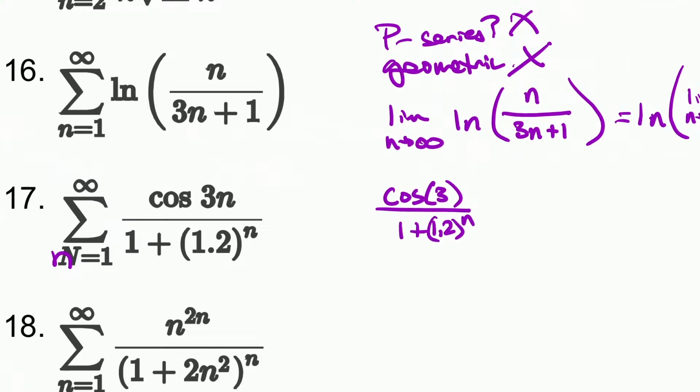And then you're going to add to this the cosine of 6. Yeah, this is terrible. I guess when I looked at this, I thought it was pi, but that's not pi, that's 3. Okay, that's all right. 1 plus 1.2 to the first, this will be to the second.